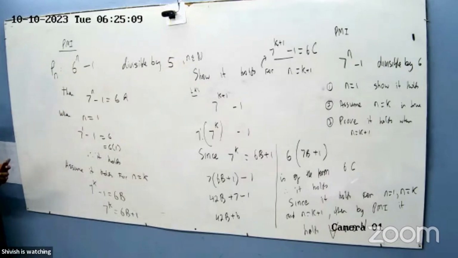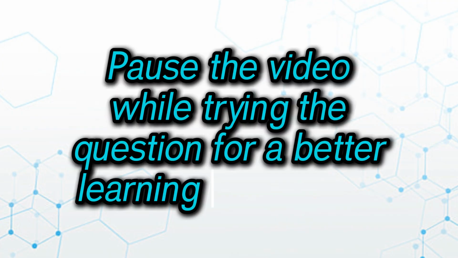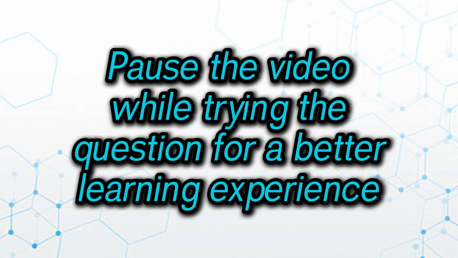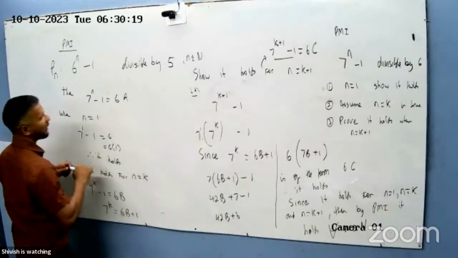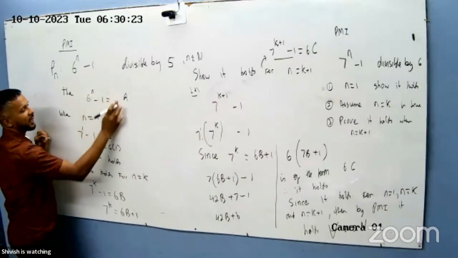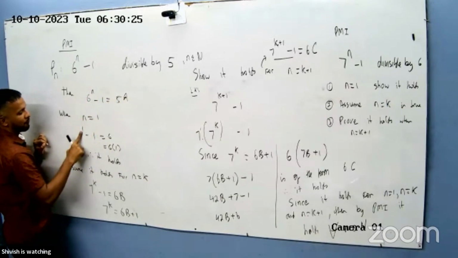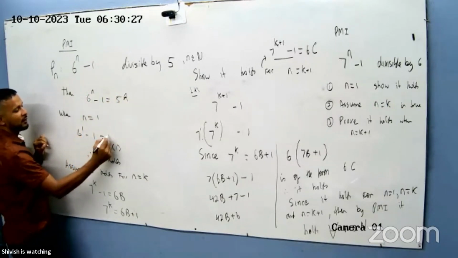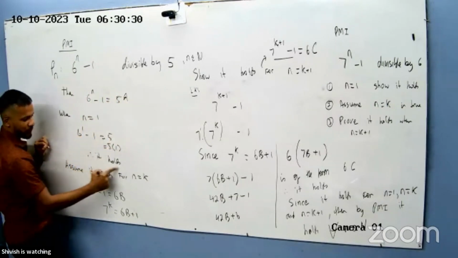Now another example: 6 to the n minus 1 is divisible by 5. Quickly, and we're done. Change this to 6, change this to 5. 6 to the 1 minus 1 is 5, so it holds.